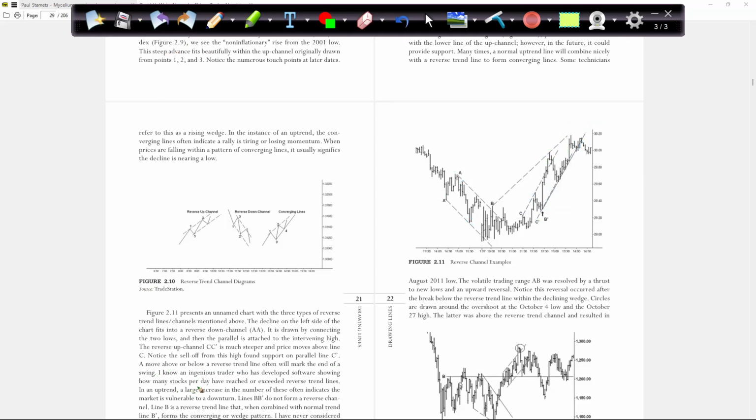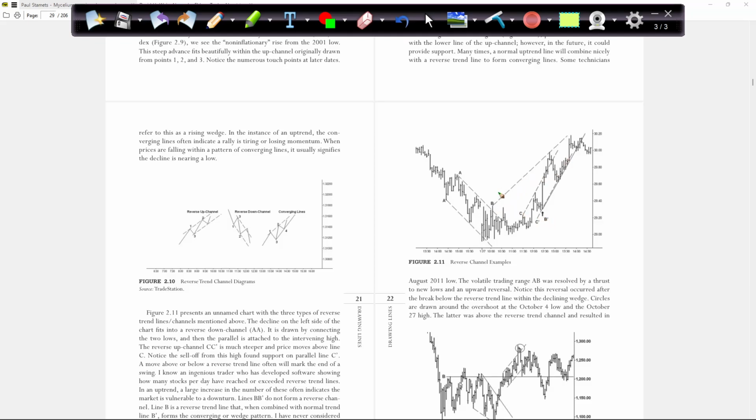I know an ingenious trader who has developed software showing how many stocks per day have reached or exceeded reverse trend lines. In an uptrend, a large increase in the number of these often indicates the market is vulnerable to a downturn. Lines B and B prime do not form a reverse channel.